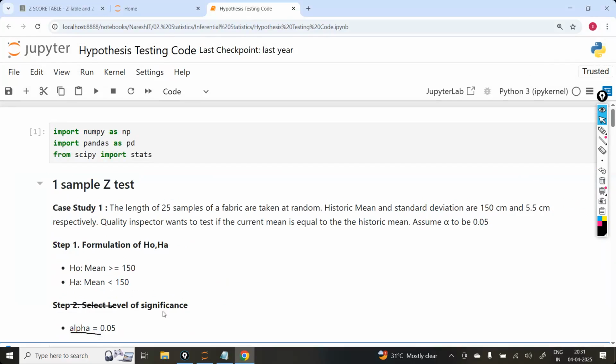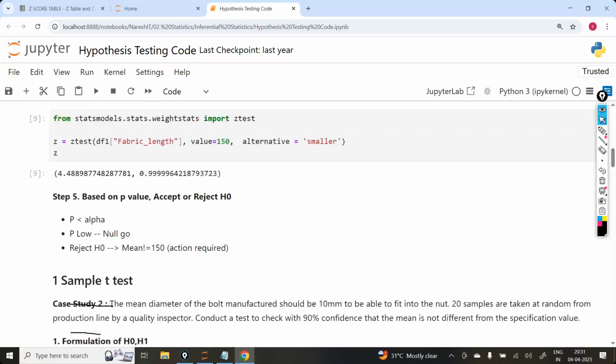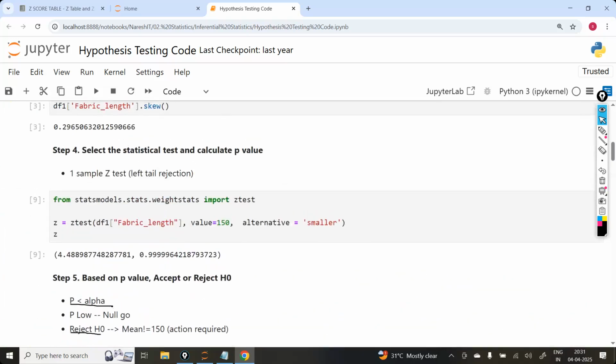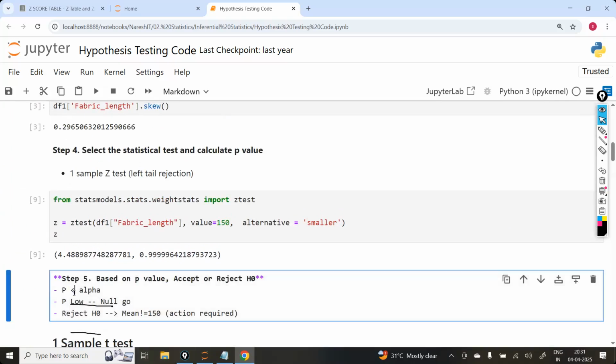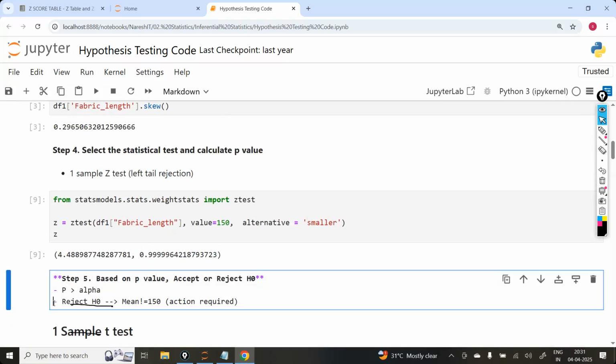According to the inspector, we are going to accept the null hypothesis. Everything is clear? Finally, what is the answer, miss? P is greater than alpha. So since P is greater than alpha, we are going to accept the null hypothesis, and we are going to say mean is greater than 150.